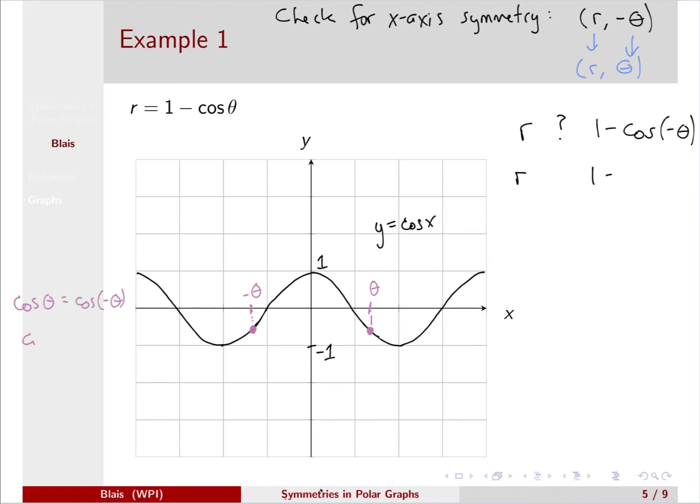So again, cosine is an even function. That means this cosine of minus theta can be written as cosine of theta, which is our equation.